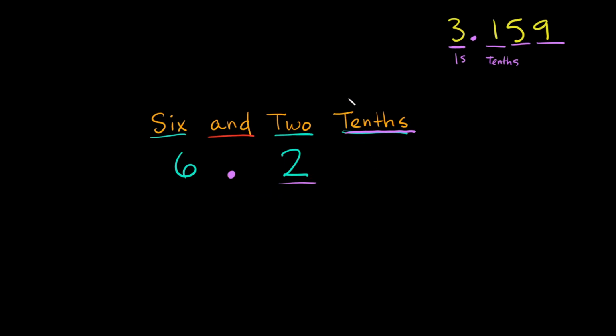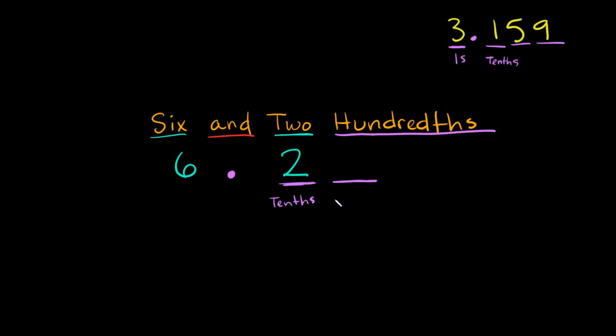Okay, so let me change this up a little bit. So instead of tenths, what if I had hundredths? How would I write 6 and 2/100ths? So now if it said hundredths, that means we'd have to move this 2 over to this spot right here, right? Because we said this is the tenths spot, and the place value right next to that is the hundredths spot, right?